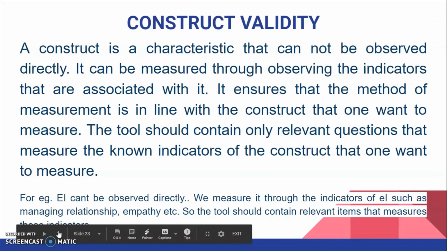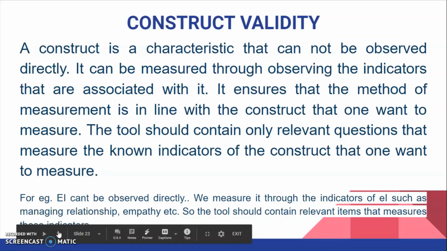For example, when we are measuring emotional intelligence, we can't measure it directly. We measure it through indicators, for example, managing relationships, empathy, etc. Those are the indicators which help us to measure emotional intelligence.